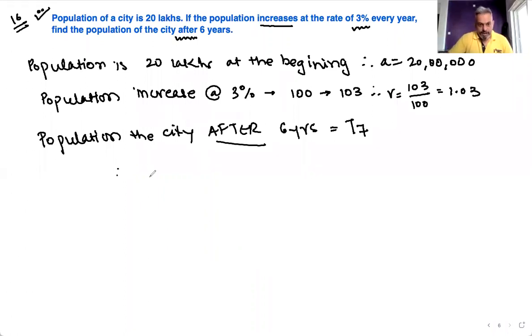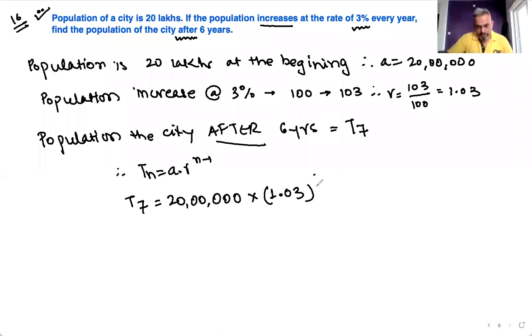Therefore, Tn is equal to A into R raised to n minus 1. T7 is equal to 20 lakhs into R is 1.03 raised to 7 minus 1, which is equal to, take calculator and calculate 1.03 raised to 6.